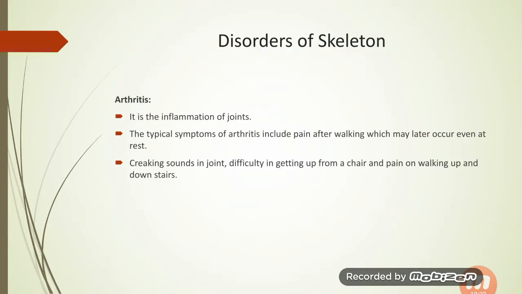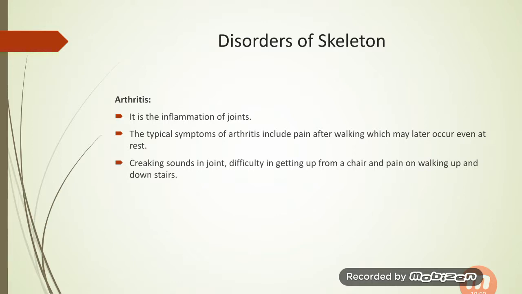The next disorder of the skeleton is arthritis. Arthritis is of two main types: acute and chronic. Arthritis is basically the inflammation or degenerative disease that badly affects the joints and which ultimately results in pain, stiffness and swelling of the joints.